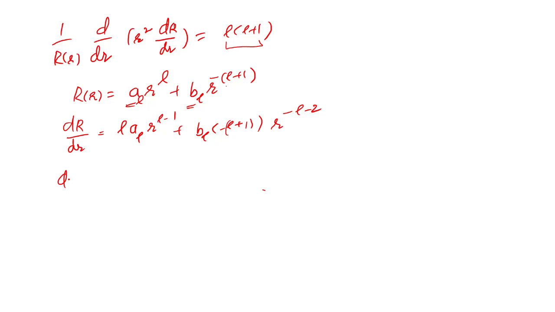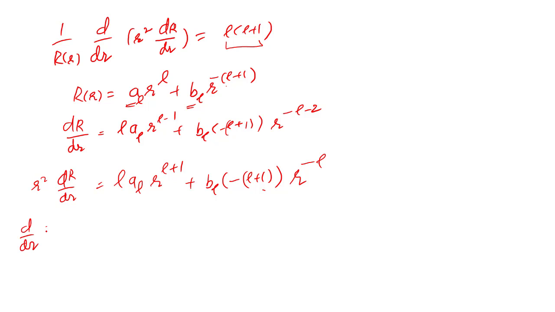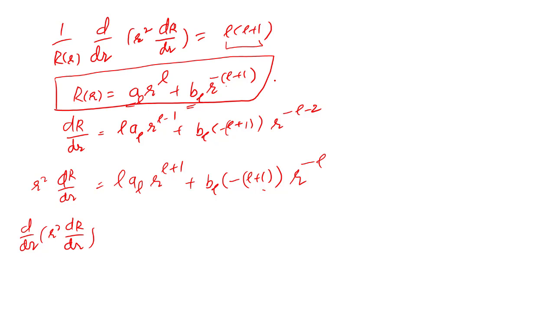And then if I do r squared dR by dr, I would get L AL r to the power L plus 1, plus BL, I have minus of L plus 1 times r to the power minus L, right? So now if I do d by dr of r squared dR by dr, we're just trying to see if this solution fits this equation, and that's what I'm trying to do.